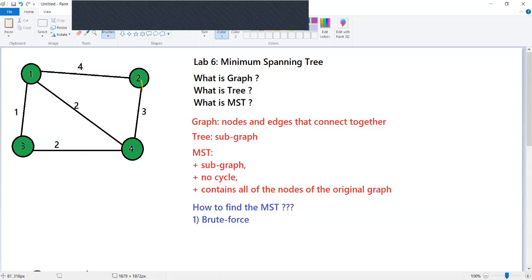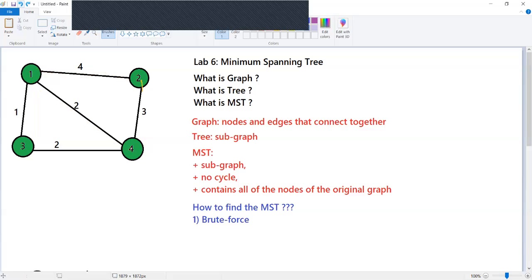So basically, in the graph right here, you try to generate all the candidate combinations of the MST. This one can be one candidate right here. This one can be a candidate. This one can also be a candidate. And this one right here can also be a candidate.